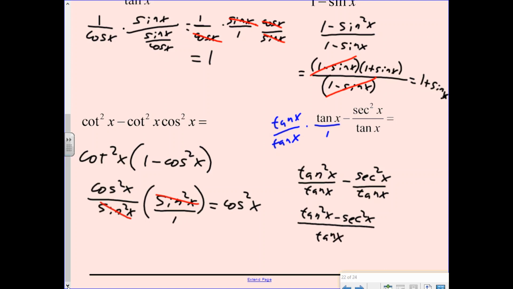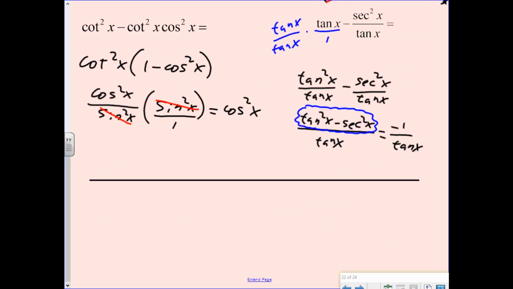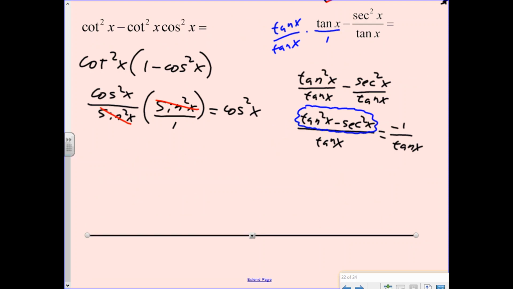Well, if you remember your Pythagorean identities again, I know I sound like a broken record, but they're going to be all over the place. Tangent squared minus secant squared is equal to negative 1. So I've got negative 1 over tangent x. And if I want to write that without a fraction, I can write that as negative cotangent x.